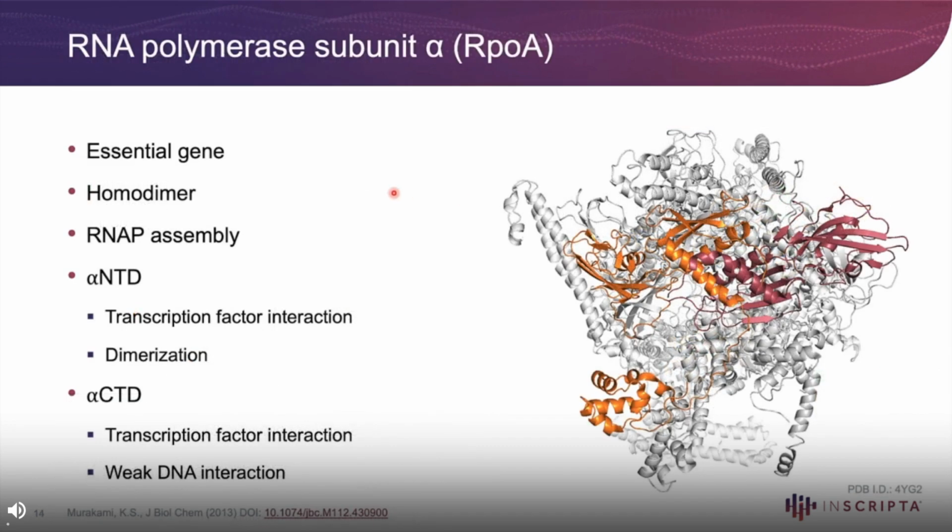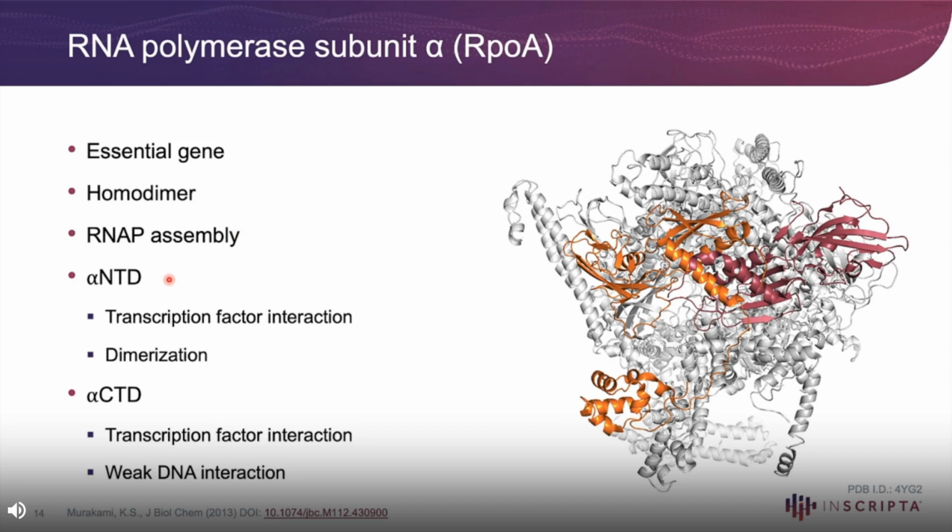So a little bit about RPOA. RPOA is the alpha subunit of RNA polymerase. It's an essential gene. It is a homodimer, and dimerization of RPOA is really the first step towards the assembly of RNA polymerase as a whole.